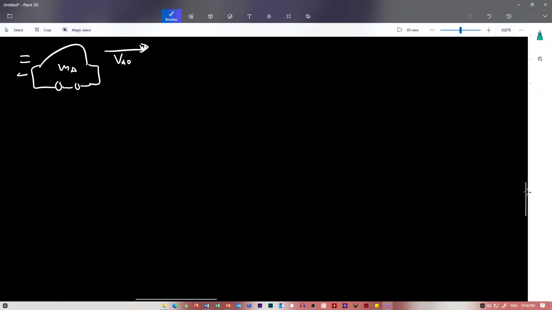Then we have a barrel according to the problem. So let's draw a barrel there. This barrel has a mass of m sub b, which is stationary, so that would be its initial velocity. Upon being hit by the car, your car is initially in this position.